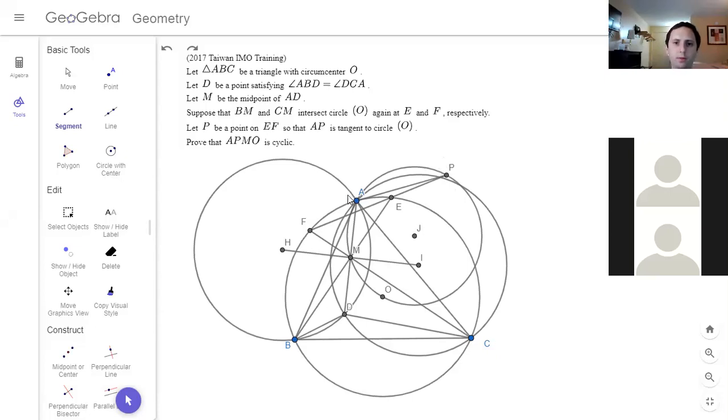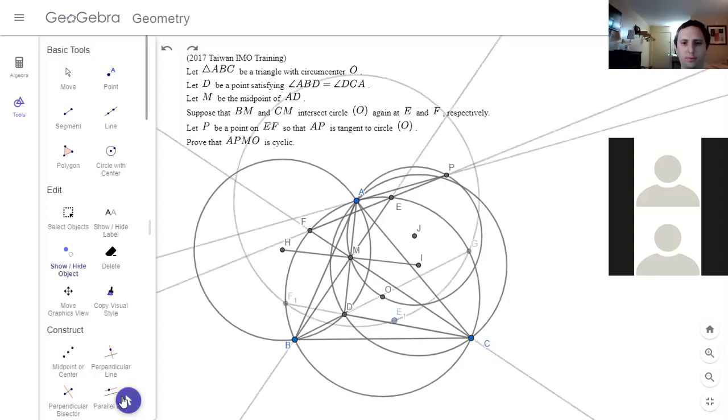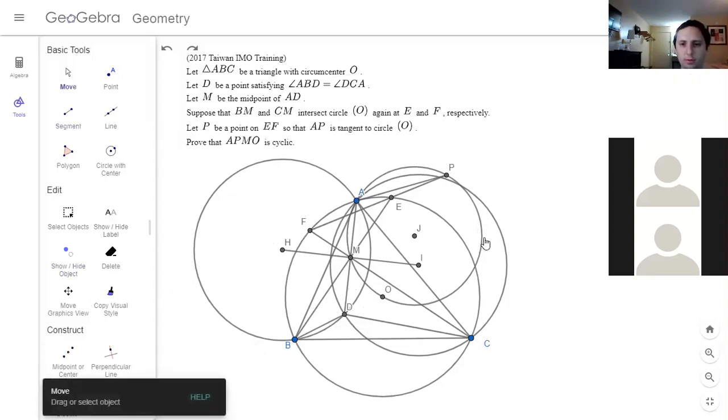We know PA squared is PE times PF. Okay, so yeah, we want to show angle PMO is 90 degrees. We don't know the circle exists, and we want to show PMO is 90 degrees.